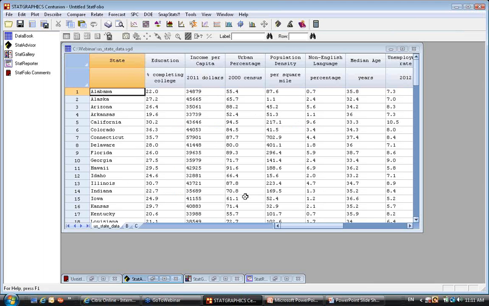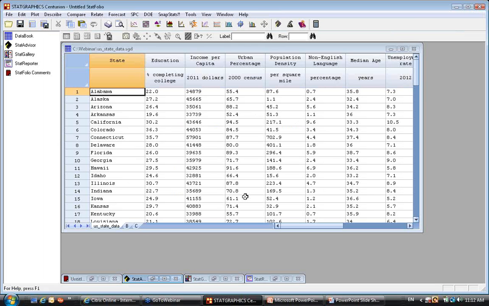Okay, now at this point I'm going to actually switch over to Statgraphics Centurion, and you see that I've loaded up a file called US_state_data. This data file, by the way, is currently on our website on the webinars page, together with the slides that I'm going to be showing you off and on from my PowerPoint presentation.